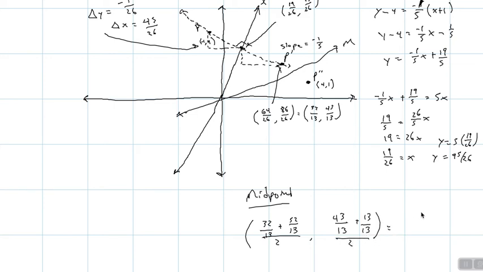And from there, we get the coordinate 42/13, comma 28/13, and simplifying.